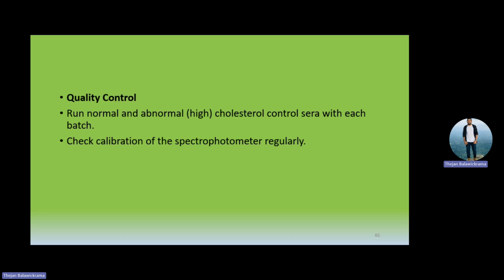So the normal and abnormal are both. And also, calibration has to be done properly. What is calibration? Now we are using a spectrometer to check the color intensity. The instrument should be working properly, right? So that is another way to control the quality of the test.